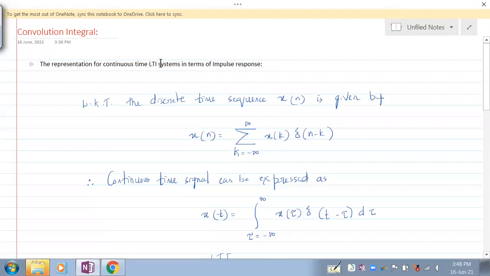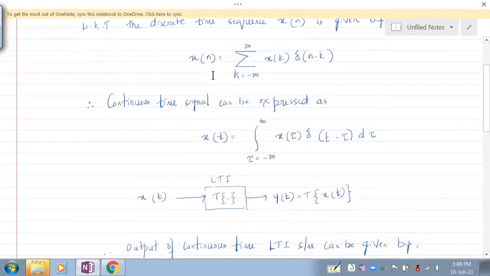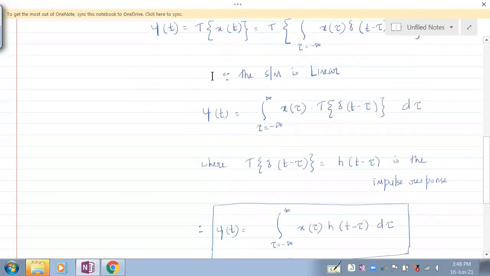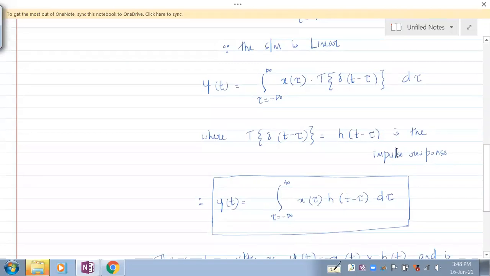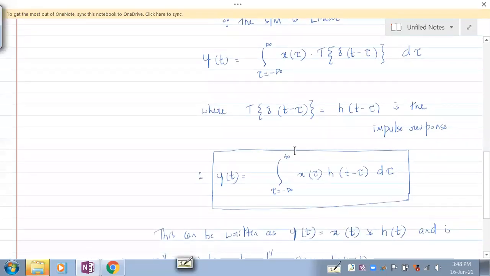Understand that? So the LTI system is expressed in terms of the impulse response, where h of t minus tau is the impulse response and y of t is the output of the LTI system. This is the meaning of representation of a continuous time LTI system in terms of impulse response. Okay with that?